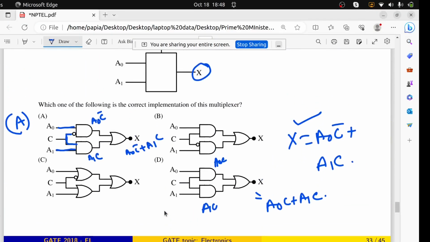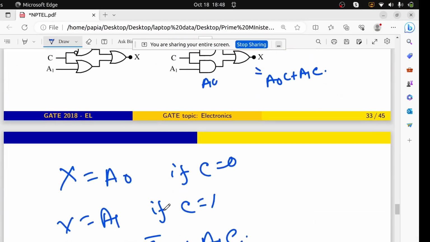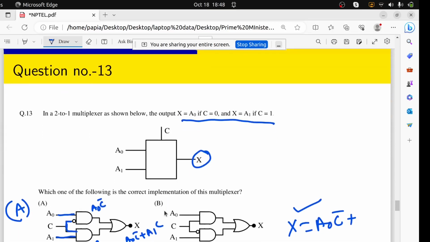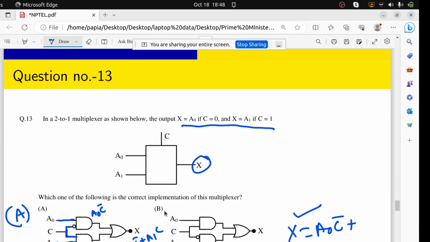So the first option was the correct one, where X is A0 C bar plus A1 C. Okay, now we will go to the next question. I hope it is understandable.